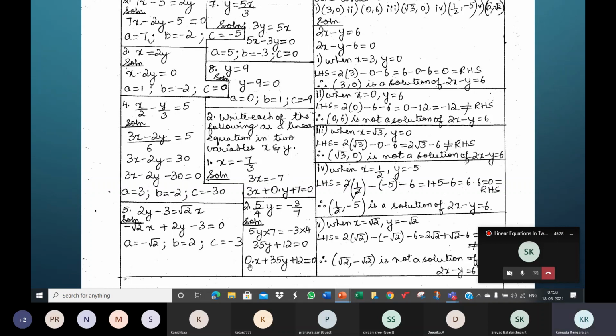That's all. If you don't find the x term, then write 0x. So in this case, 0x plus 35y plus 12 is equal to 0. So you just have to cross multiply and bring the terms to one side and show the missing term like this. Here there's the y term, no x term, so 0x. Here you have 3x, the x term. Y term is missing, so 0y.